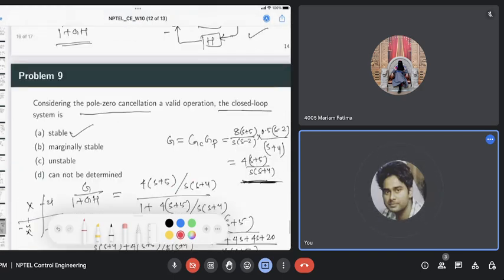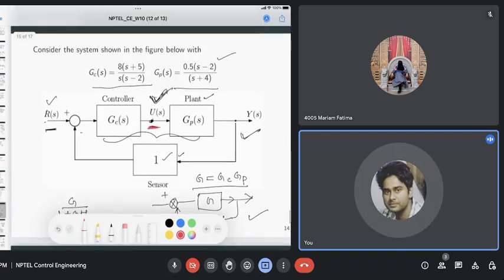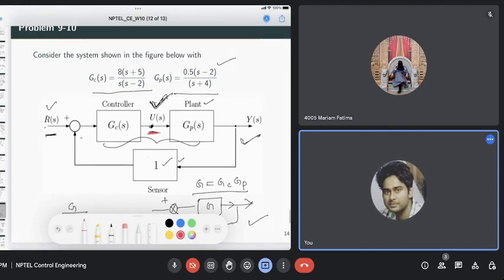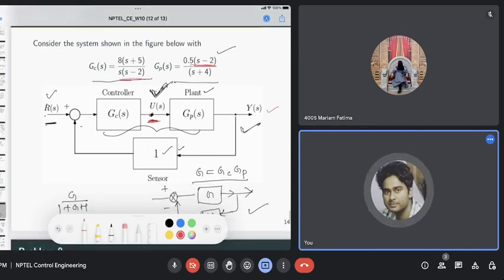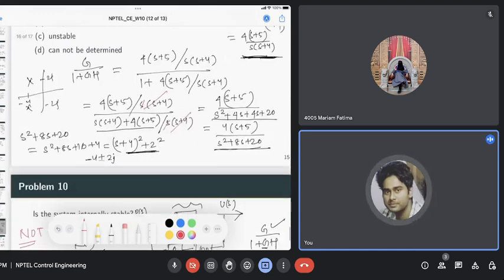Even though we assume a perfect pole and zero cancellation of this right half plane zero and pole, and we find that the overall transfer function can be stable if this perfect pole zero cancellation occurs. The presence of this right half plane zero or pole will make this system internally unstable, right? That is what we observed here.